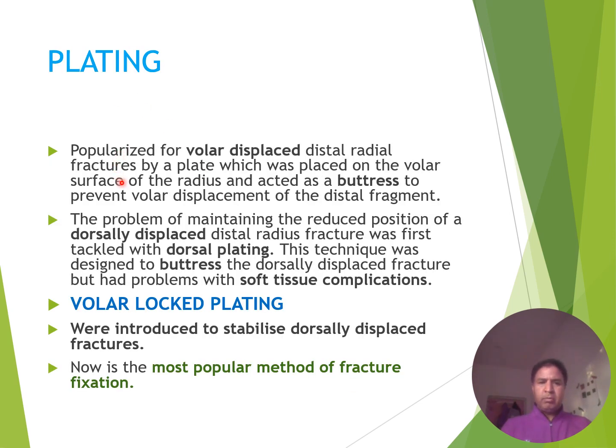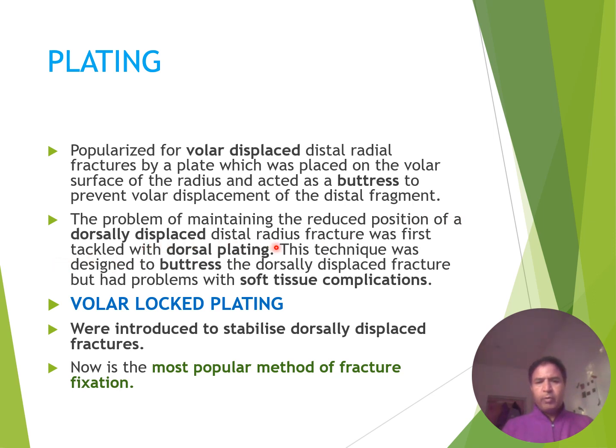Plating. Plating was popularized for volar displaced distal radial fractures by a plate which was placed on the volar surface of the radius and acted as a buttress to prevent volar displacement of the distal fragment.